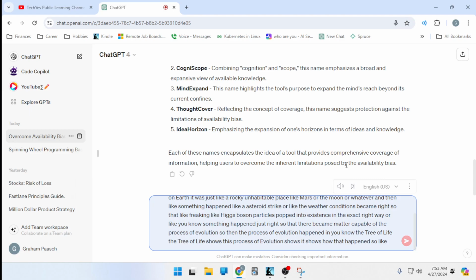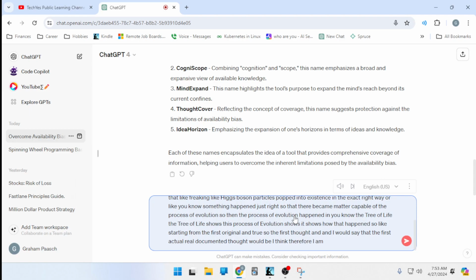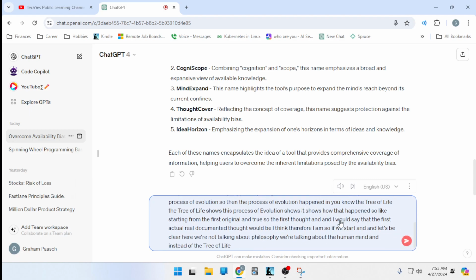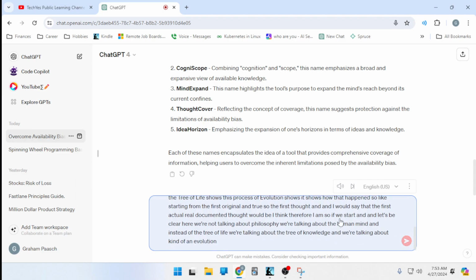So starting from the first original thought, I would say that the first actual real documented thought would be, I think therefore I am. And let's be clear here, we're not talking about philosophy, we're talking about the human mind. Instead of the tree of life, we're talking about the tree of knowledge, and an evolution of a person's thinking and how to get that person to think in the most effective way possible.